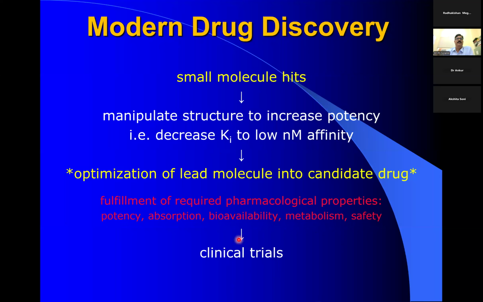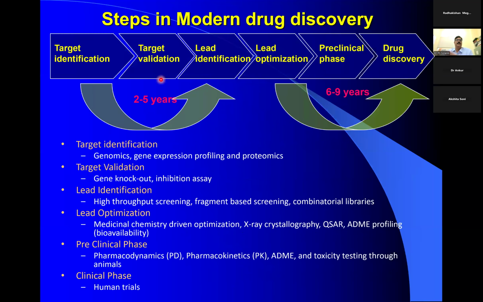Then comes fulfillment of required pharmacological properties: potency, absorption, bioavailability, metabolism, safety. Finally, the clinical trial. If you look at the pipeline steps in modern drug discovery, we perform this pipeline from target identification to clinical phases.